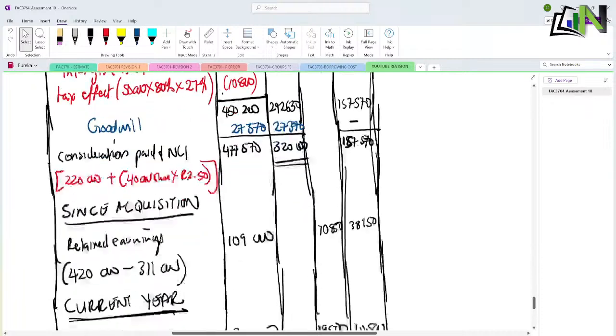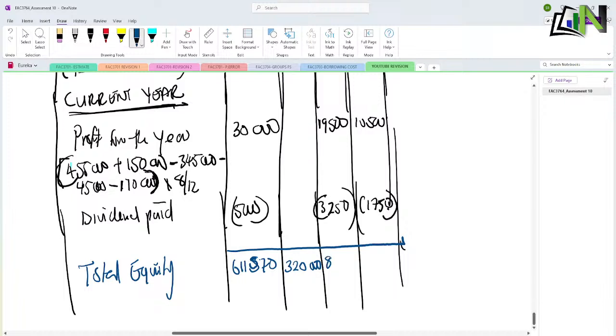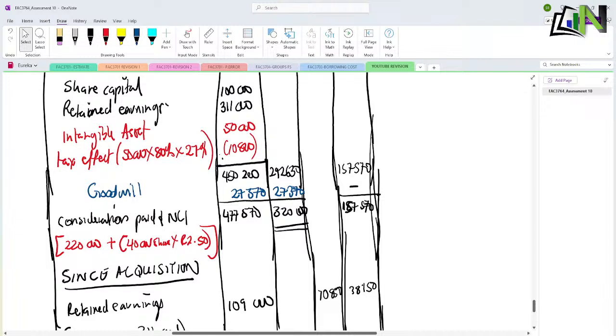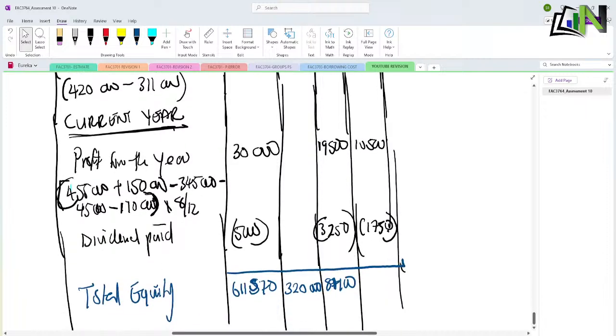And then on this column here, 850 plus 19,500 minus 3,250. And then my NCI side of things is 157,570 plus 38,150 plus 10,500 minus 1,750.